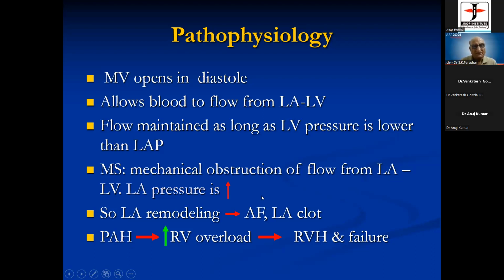So whenever you do an echo in the case of mitral stenosis, you look at LA size, whether there is atrial fibrillation or not, LA clot, then pulmonary artery hypertension, and then the RV size also, because these are all the effects of obstructed mitral stenosis, which leads to prolonged pressure, and all the changes occur secondary to increased LA pressure. So this is the basic pathophysiology.